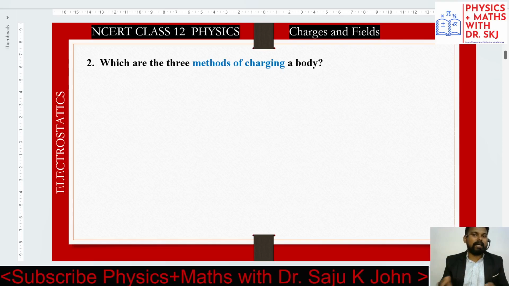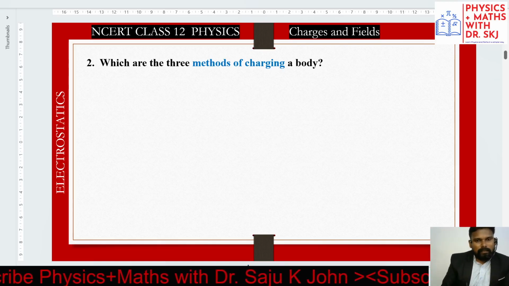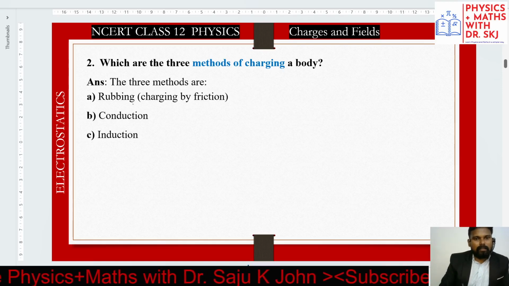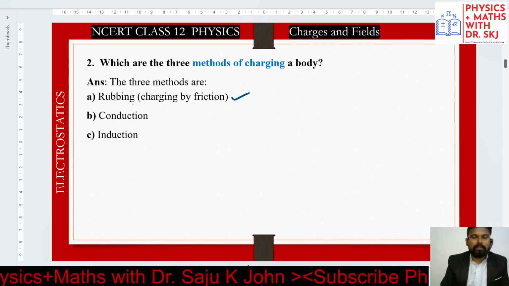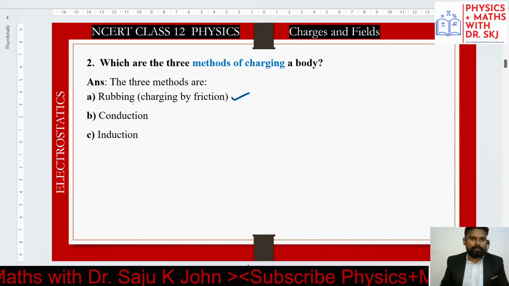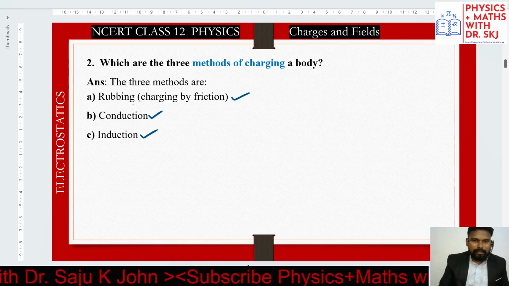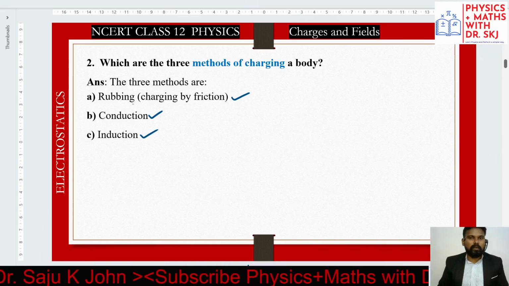So next we are going to the charging methods of a body. Actually, there are three charging methods to charge a body. The first one is rubbing. When we rub two materials, they will be charged. Then it is conduction. Then induction. I will explain all the methods one by one.